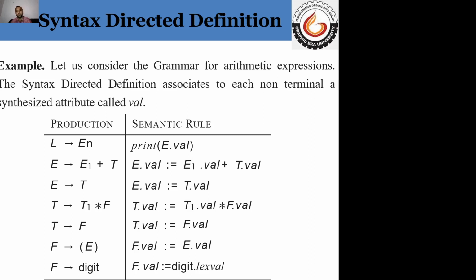Then it becomes a semantic rule. So this is an example of a semantic rule. Here, if we see every production, let's suppose T generates F. So T.val means T is associated with its value and F is associated with its value. So what is this whole thing? This is syntax directed definition. Every grammar syntax is directed by its definition, and this definition is called a semantic rule.